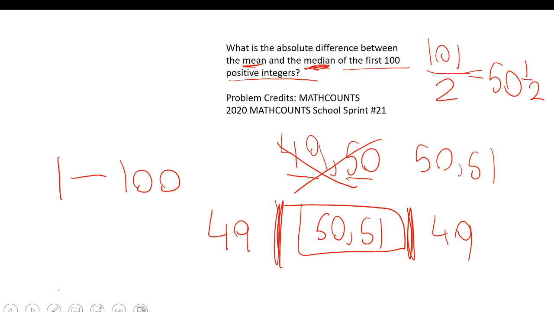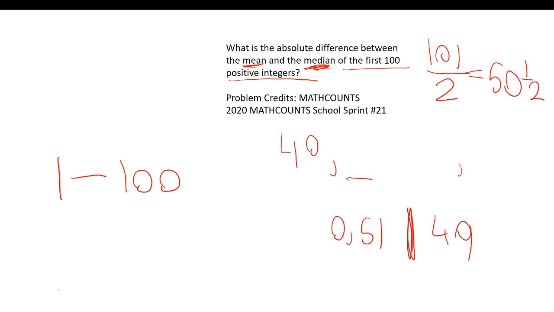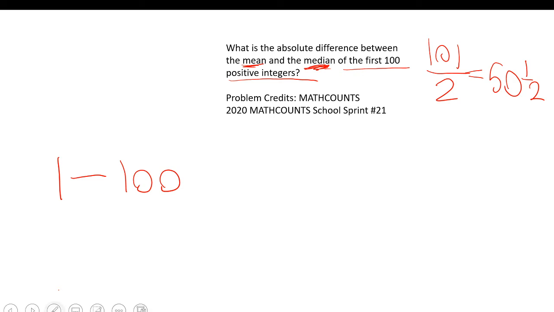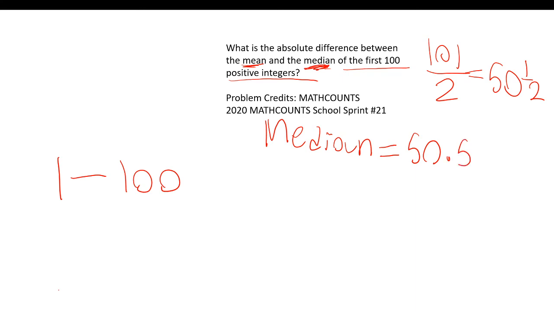So we already have part of the answer. Let's remove our work for the median part. We have the median, which I'm going to express as a decimal, since it's going to be easier to subtract. We want the absolute difference.